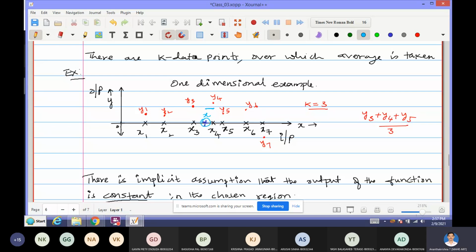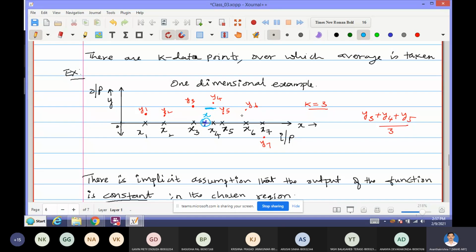Of course, beyond that region, some other points will come into the picture. So what I'm trying to say is that the output is constant in that region. Hope you are getting the point.